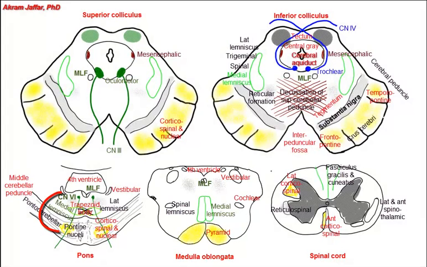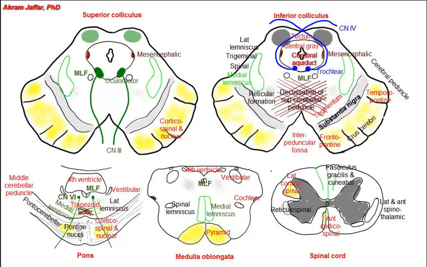The trigeminal lemniscus that joins these lemnisci, the medial, lateral, and spinal lemniscus, is formed of fibers of sensory nuclei of the trigeminal nerve that carry sensation of all modalities from the face and proprioceptive sensations from the muscles of the face.